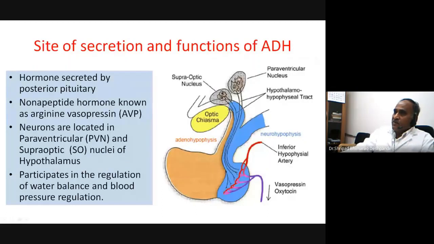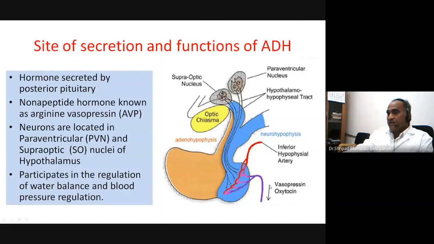These two nuclei participate in the secretion of this hormone. The neurons are located here, the axons come here and release the transmitter, now as a hormone, into the circulation, which enters the hypophyseal portal system.